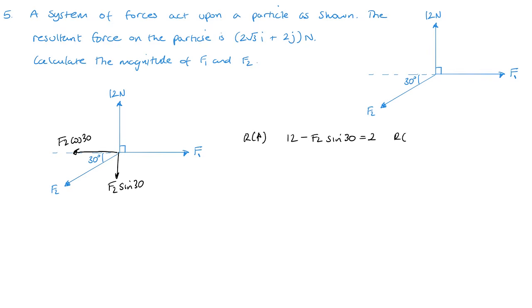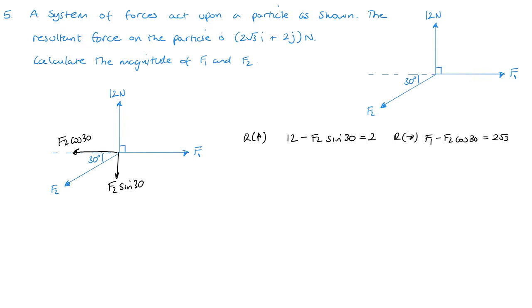And resolving horizontally, we've got F1 minus F2 cos 30 must be equal to 2 root 3. Okay, because that's 2 root 3 in the right direction, so this direction. So this one minus this one would equal that.